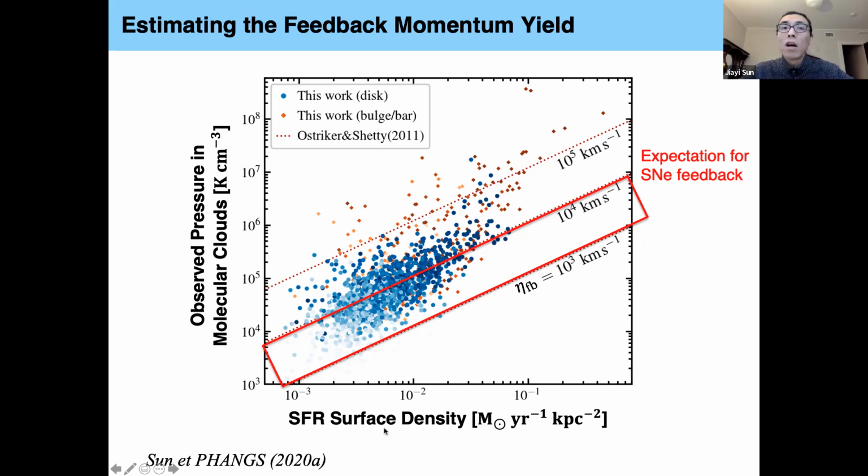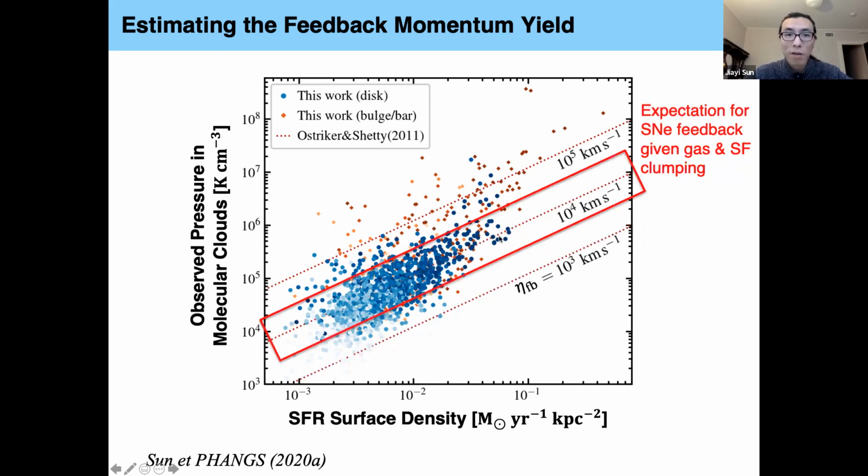So if we take into account the clustering of the molecular gas, which we can see in the CO observations, and we assume that star formation clusters in the same way, we can try to address this mismatch. And that means that we should move this box up by a factor of about 3, because that's how the molecular gas is clustered in those regions.